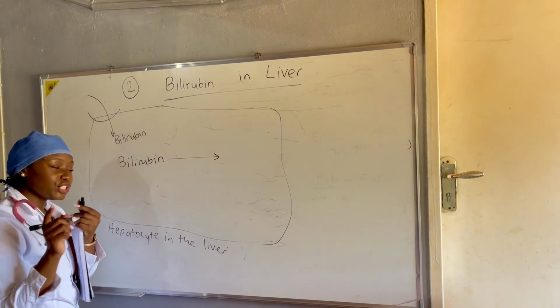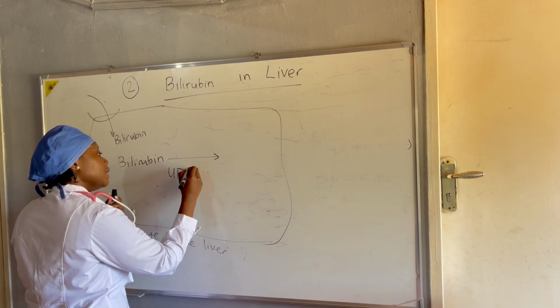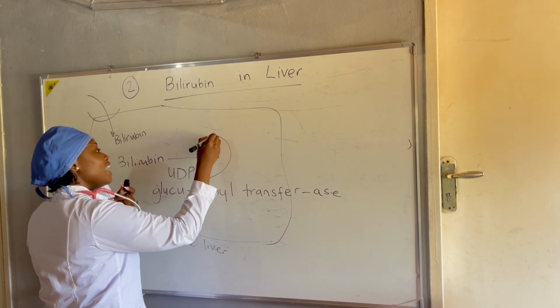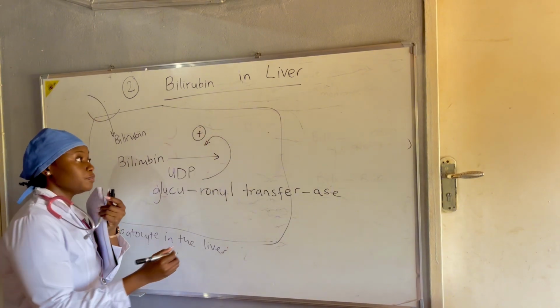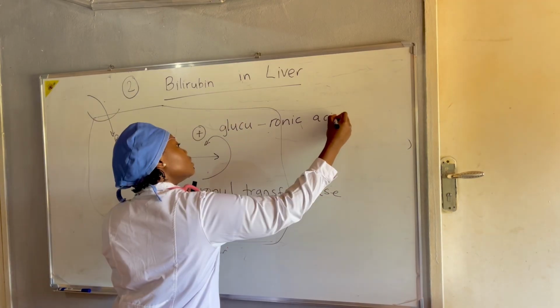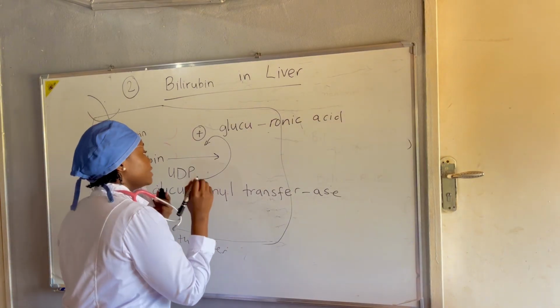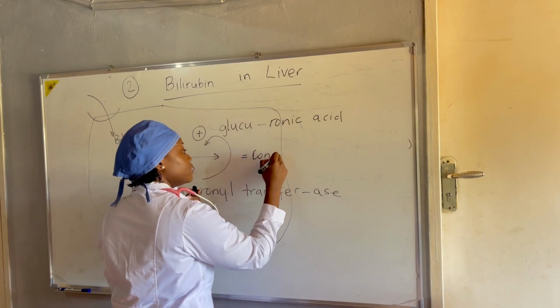The liver has a special enzyme that we call UDP. So what this enzyme does, it adds a glucose to the bilirubin. And then once that glucuronic acid is added, this bilirubin becomes conjugated.